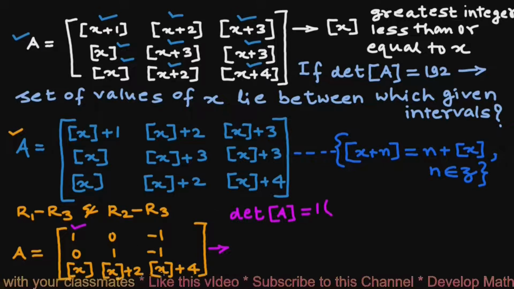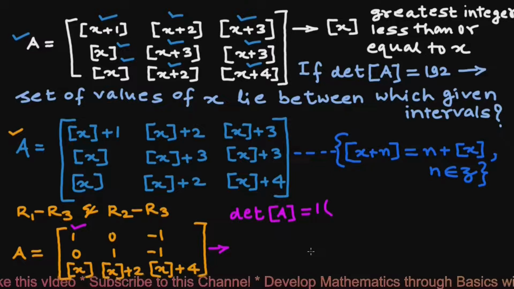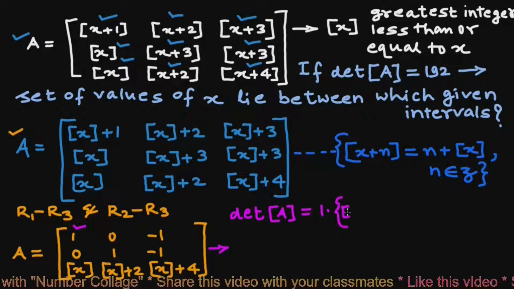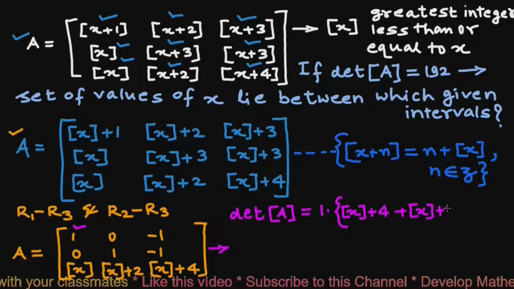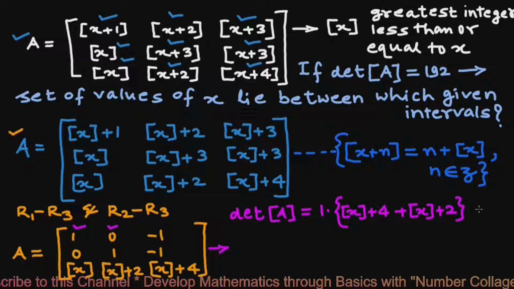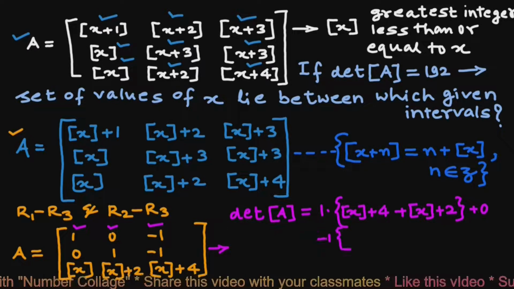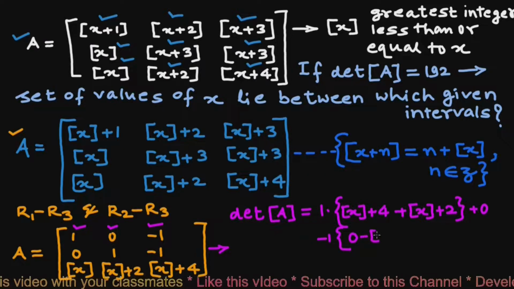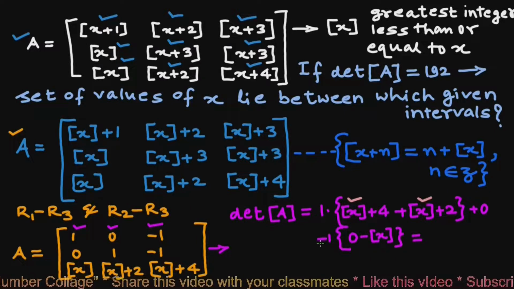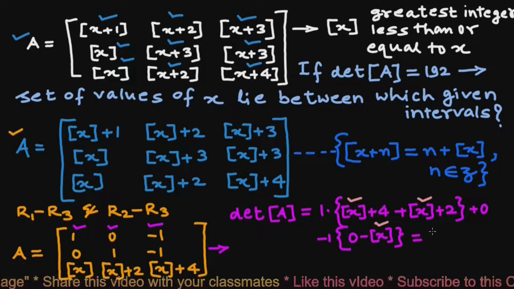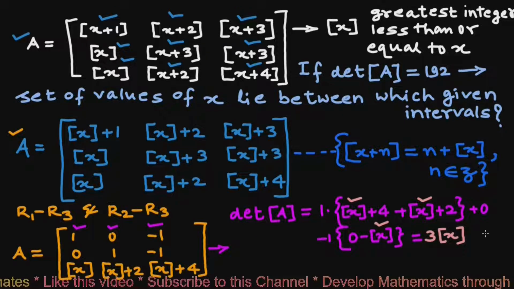So it will be greatest integer x plus 4 plus greatest integer x plus 2. That will be this one multiplied by greatest integer x plus 4 plus greatest integer x plus 2. Then this 0 multiplied by the next element will be 0, and this minus 1 multiplied by 0 minus greatest integer x. That gives greatest integer x, and minus minus plus this one gives 3 times greatest integer x plus 4 plus 2 plus 6.